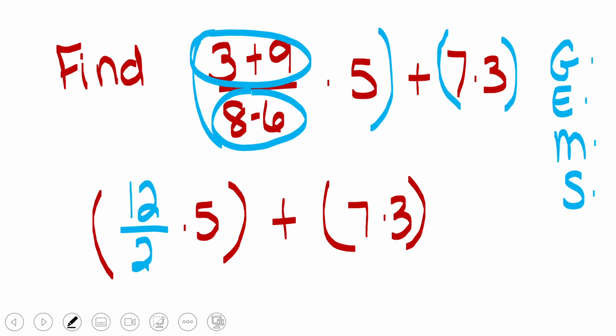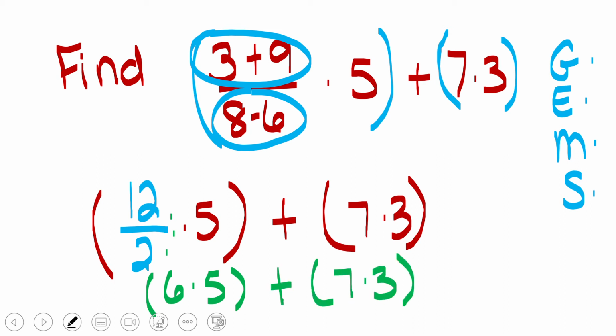Okay, so we know 12 divided by 2 is 6. And we're just going to rewrite times 5 plus 7 times 3 to keep simplifying.